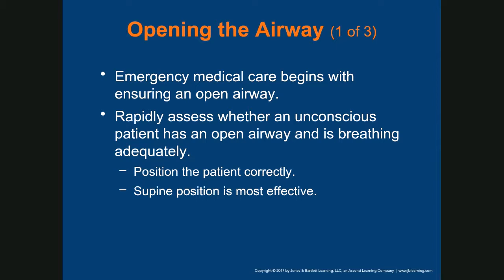Manually position the airway, check to see that it's clear, assess, maintain. That is your approach. Manually position the airway, ensure that it is clear of fluids, assess, maintain. That's it.